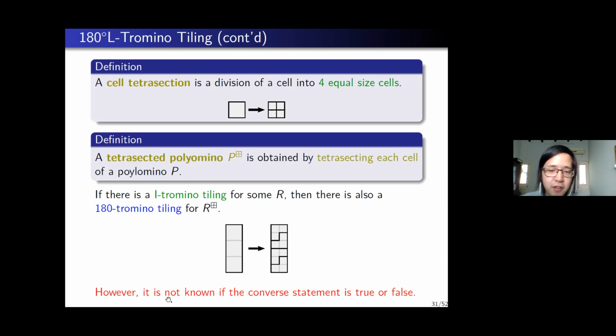But we don't know if the converse statement is true or false. That is, if a tetrasected region can be tiled with 180 trominoes, then we don't know if it can be tiled with I-trominoes in the untetrasected region.